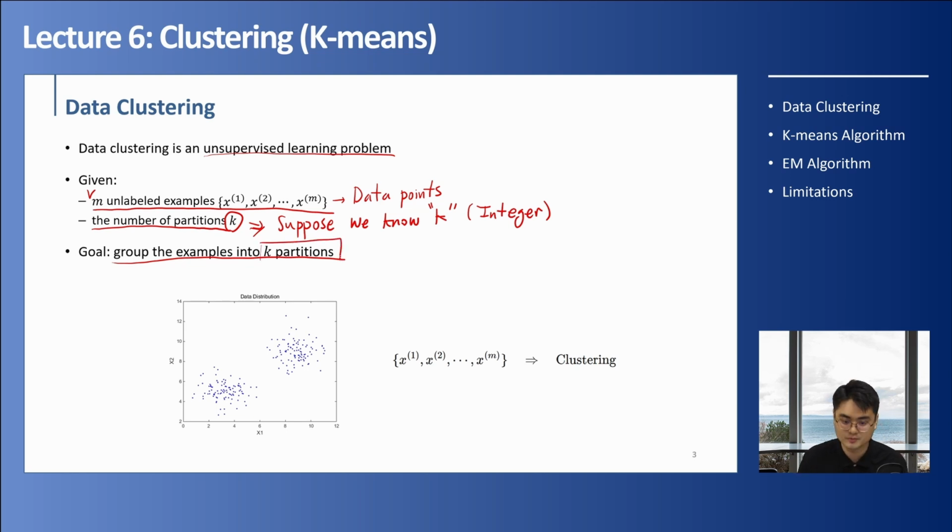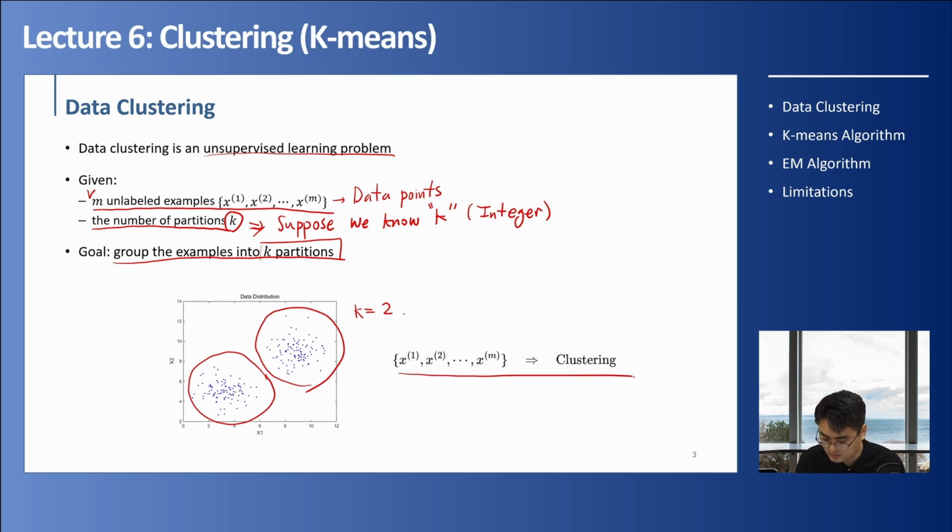So for example, if we look into this example here, we can expect that we're going to be able to group these data points into 2 partitions, so k equals 2. And this is how we're going to do clustering.